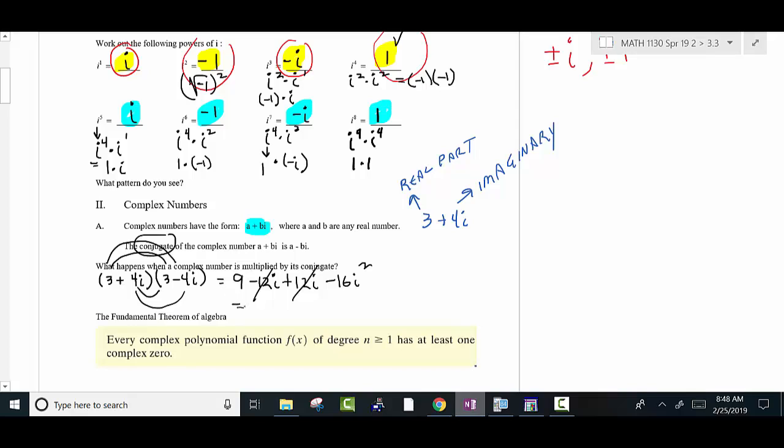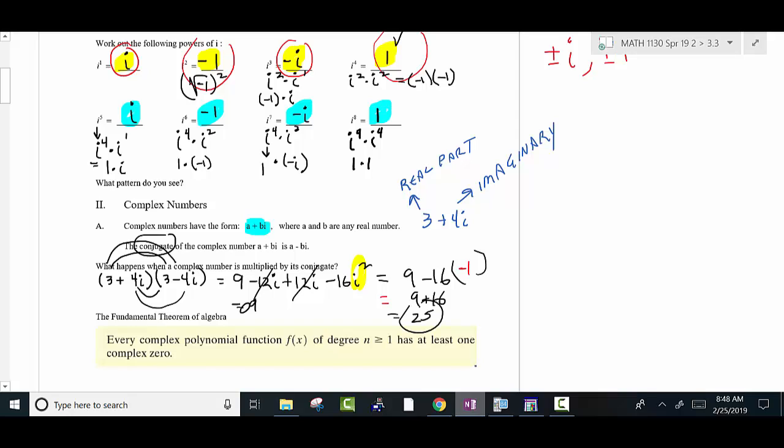Then you end up with 9. Okay, so let me write this over here. So you have 9 minus 16, but what is i squared? That's negative 1. Okay, i squared is negative 1, so you can replace that i squared with negative 1. So you end up getting 9 plus 16, so it's equal to 25.